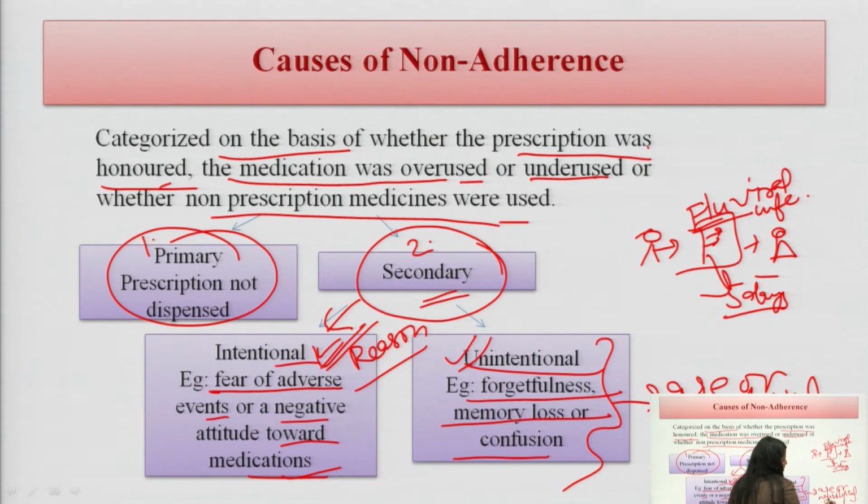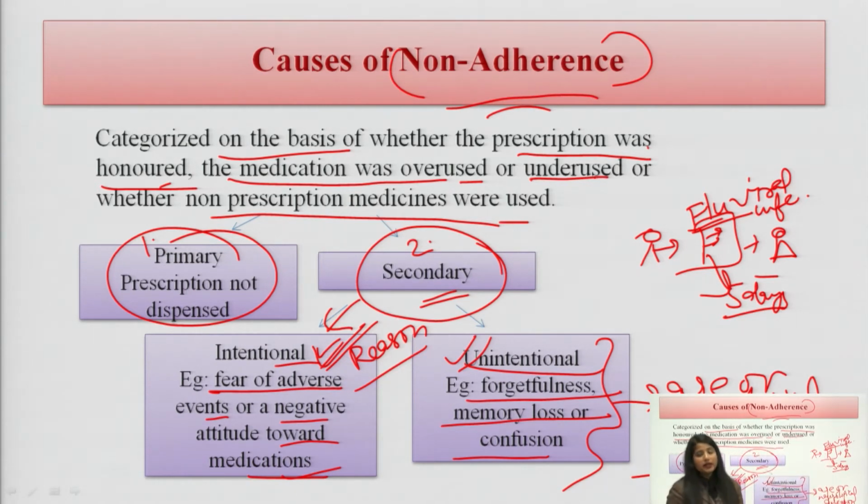There are other reasons also. Sometimes the complexity of the prescription, the frequency, the number of medications, and sometimes the cost reasons. The medications are very costly, and patients are not able to take all these medications. Then non-adherence arises.